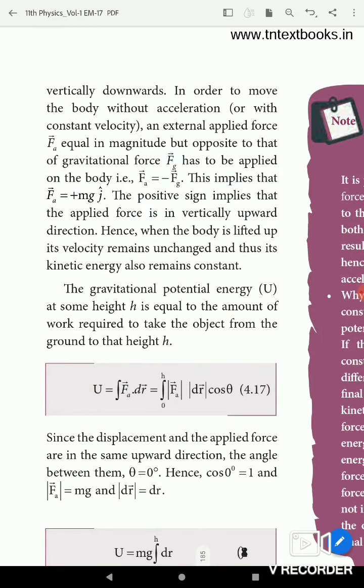In order to move the body without acceleration, it means constant velocity, an external applied force Fa vector, equal in magnitude but opposite to that of the gravitational force Fg vector, has to be applied on the body. That means Fa vector equals minus Fg vector. This implies that Fa vector equals plus mg j cap.